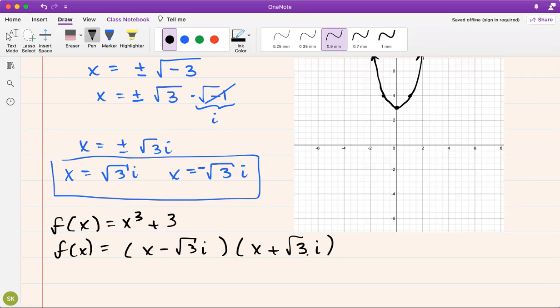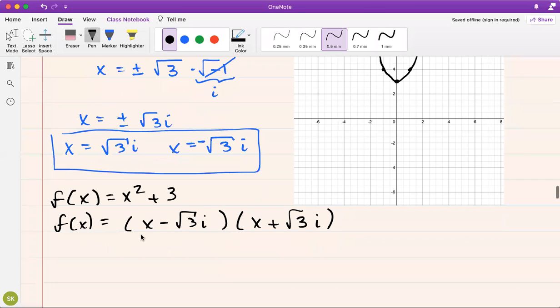And you can FOIL this out and you can see that it'll end up being x squared plus 3, because you get x squared and then you get a minus square root 3i with a plus square root 3i, those cancel. So let me just write it out.